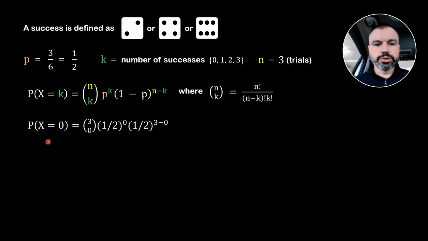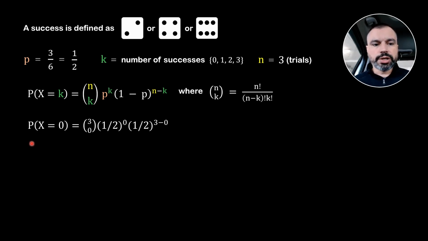Here I'm going to calculate the probability that x equals 0 successes. So k equals 0 successes. K is the number of successes, remember. But in order to get the full distribution of the random variable x, we need to compute a total of 4 probabilities. So here I'm going to compute the first one, and you can repeat the process to get the full distribution.